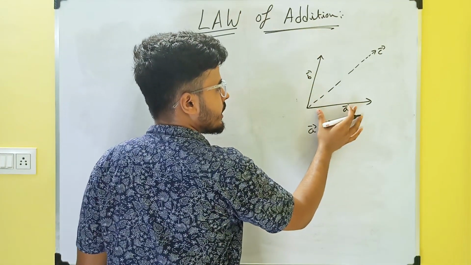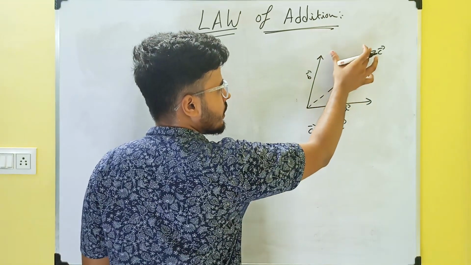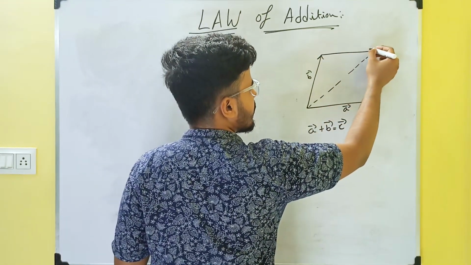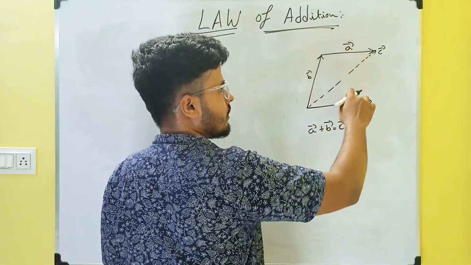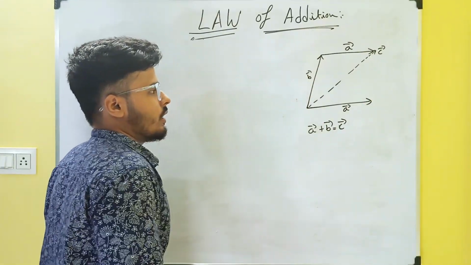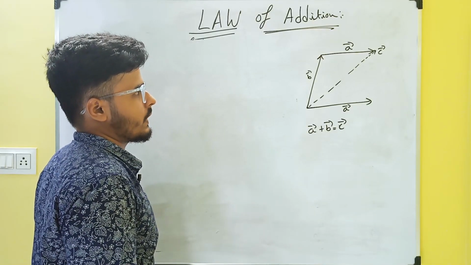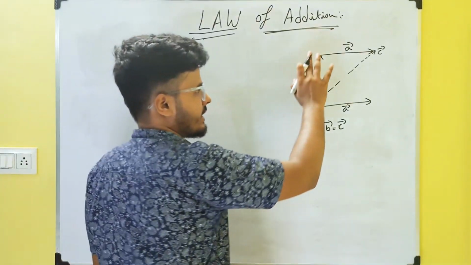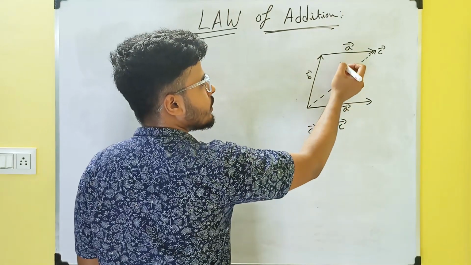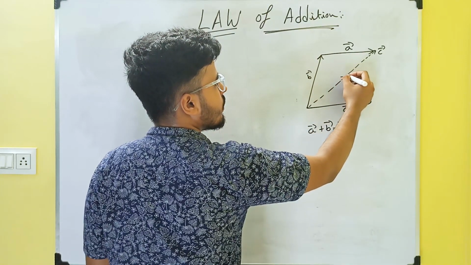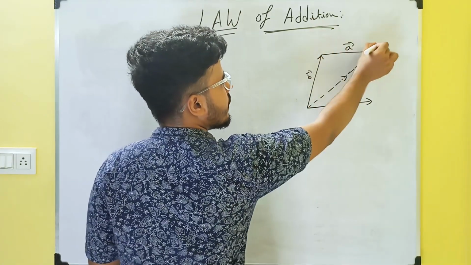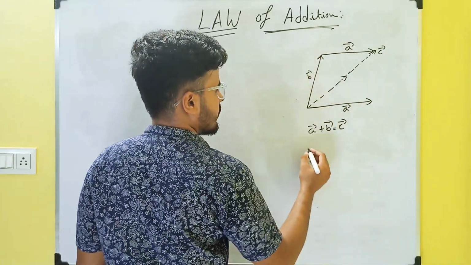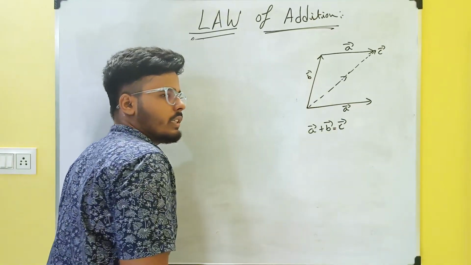Now, if we shift this vector parallelly to this position, this will be A. I don't know whether both are parallel or not, but let's assume that. So this will be A. Now what is this law? B, A, C. So the value will be the same.